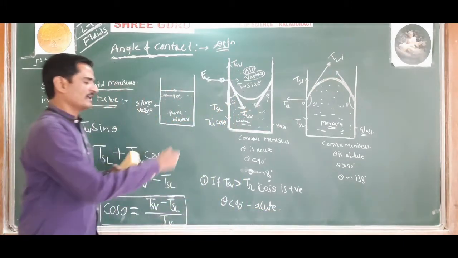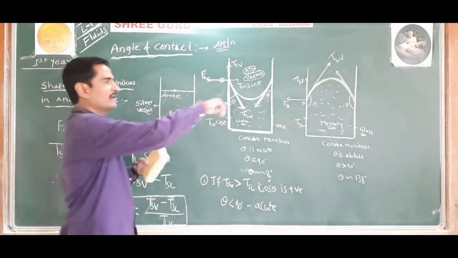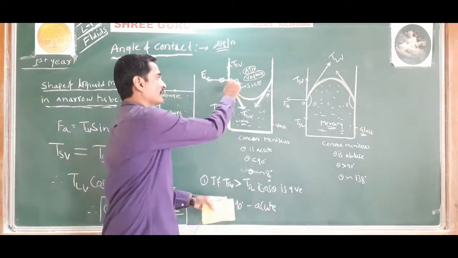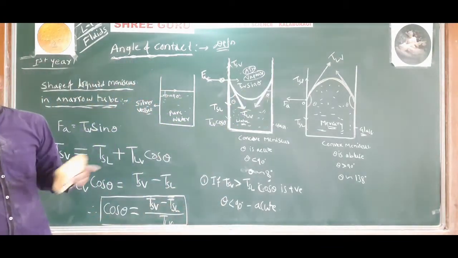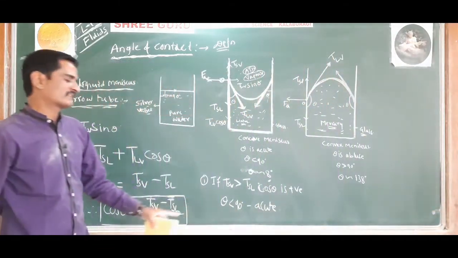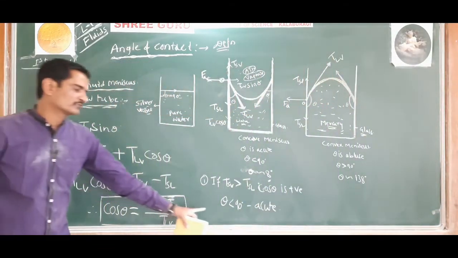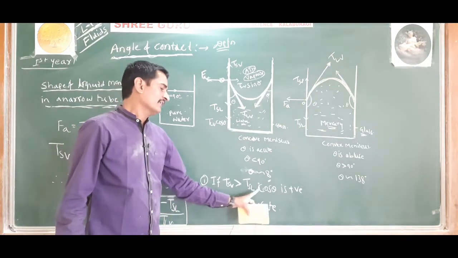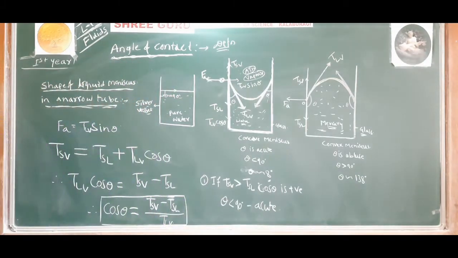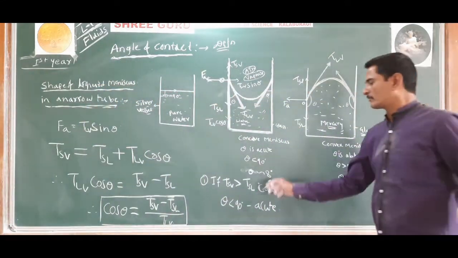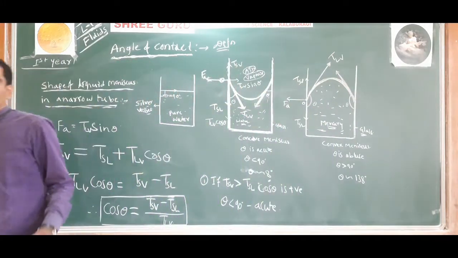So in this case the meniscus formed will be concave in shape, because the angle of contact is less than 90 degrees, and the liquid wets the solid surface. Understood?